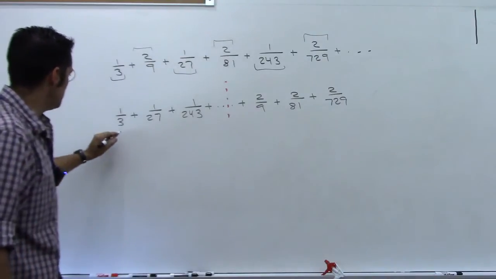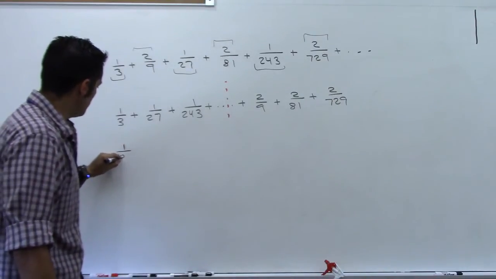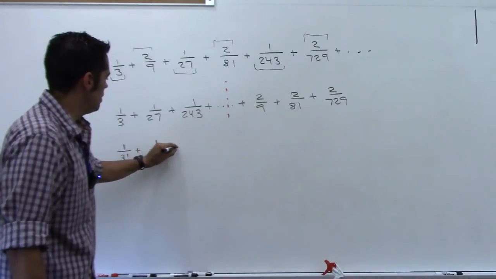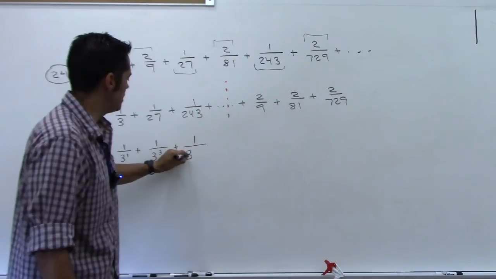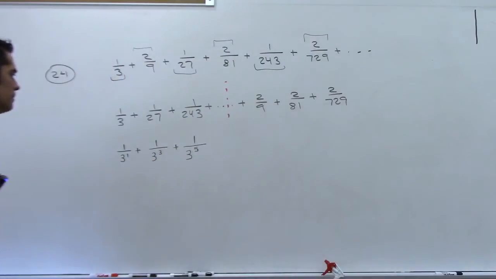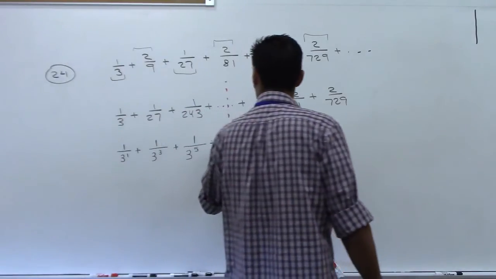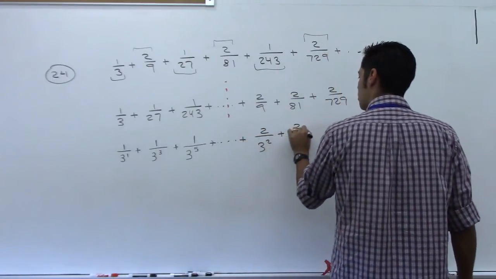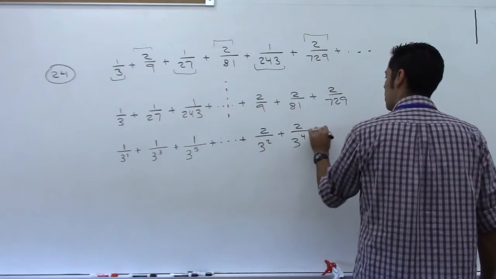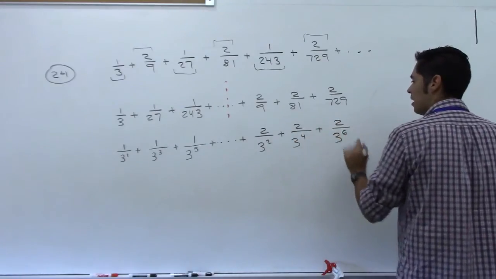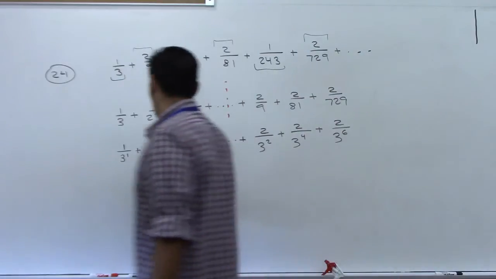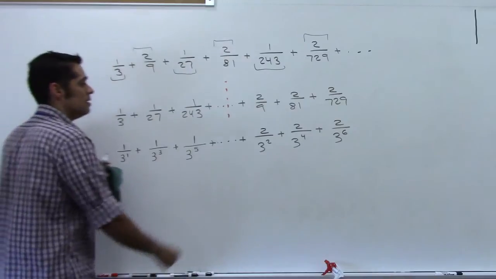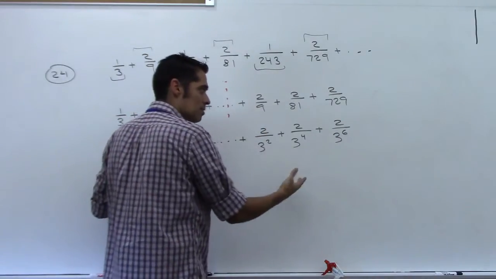So the sum for this one, realizing we've got 1 over 3 to the first plus 1 over 3 cubed plus 1 over 3 to the fifth, plus ... And then this is 2 over 3 squared plus 2 over 3 to the fourth plus 2 over 3 to the sixth. So these are all 1 over 3 to a power, but these powers are odd. This is 2 over 3 to a power, but these powers are even.